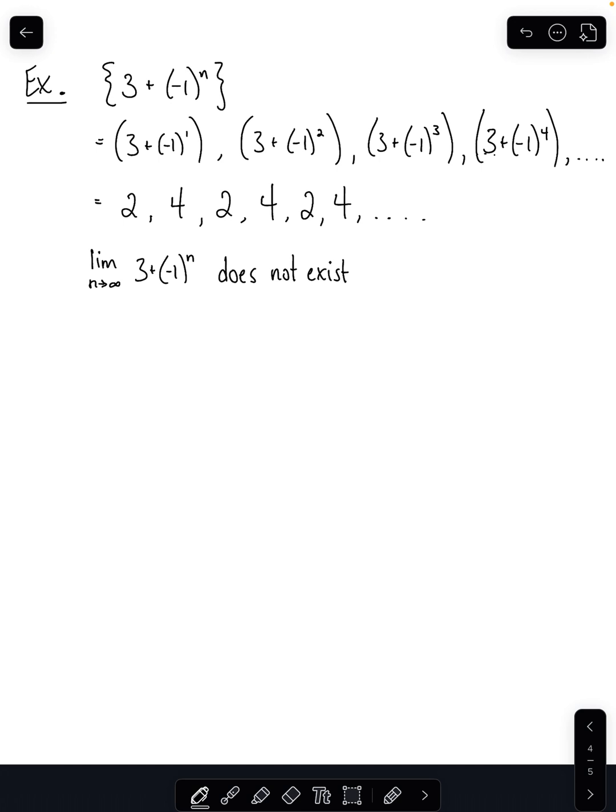While all of the terms are finite, and they never grow any larger than 4 or shrink any smaller than 2, the limit does not exist because this does not approach a unique value. So in this case, we would say that the sequence described by the formula 3 plus negative 1 to the n diverges.